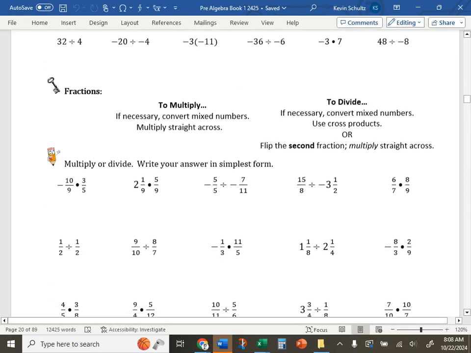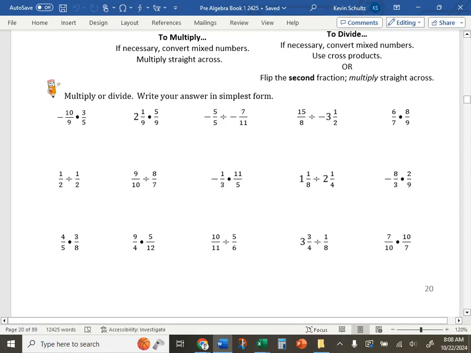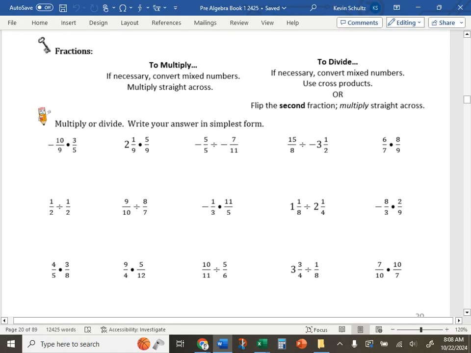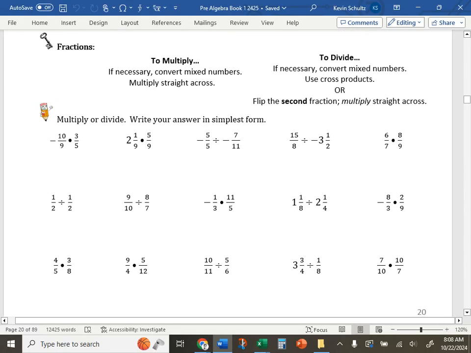Anyway, on to fractions. Like I said, with fractions there are fewer rules when you multiply and divide them versus adding and subtracting, which is kind of nice. We do not care about common denominators. We don't need them. The rules are just different for multiplication and division than they are with addition and subtraction.